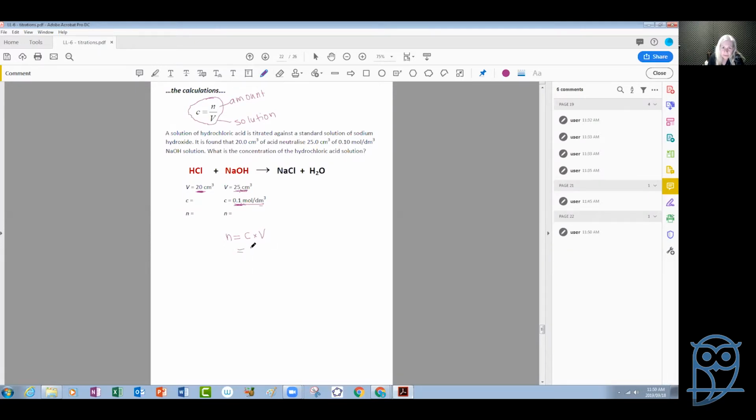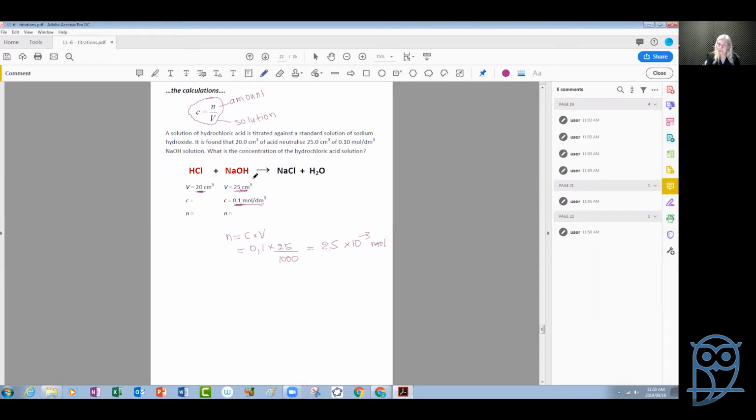The concentration of this solution is 0.1 moles per cubic decimeter, and the volume is 25, but be careful, we need to change this into cubic decimeters, so we have to divide. And if we do the calculations, it's 2.5 times 10 to the power of minus 3 moles. Sorry, this is the number of moles.